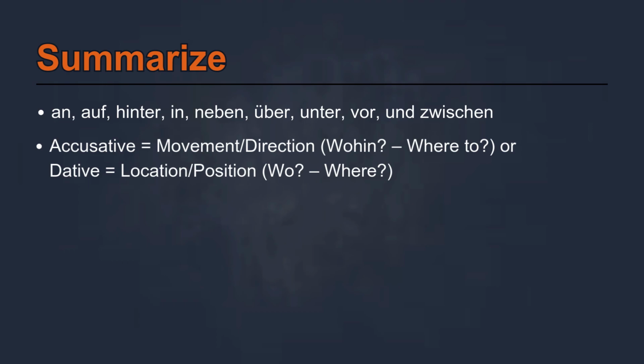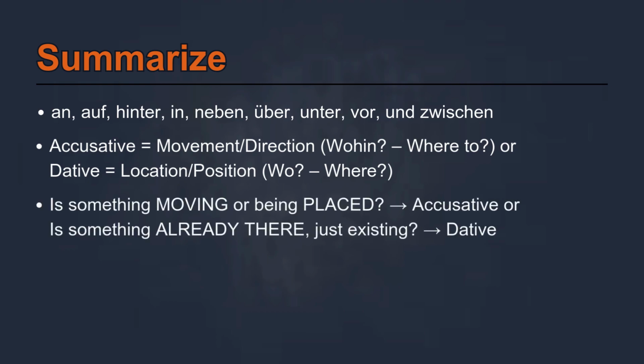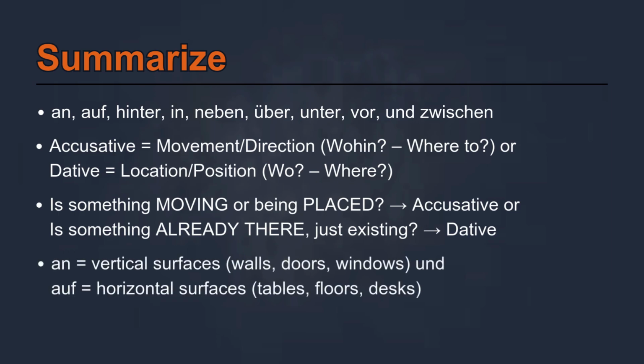Accusative equals movement or direction, answers wohin, where to. Dative equals location or position, answers wo, where. Third, ask yourself these questions. Is something moving or being placed? Equals accusative. Is something already there, just existing? Equals dative.